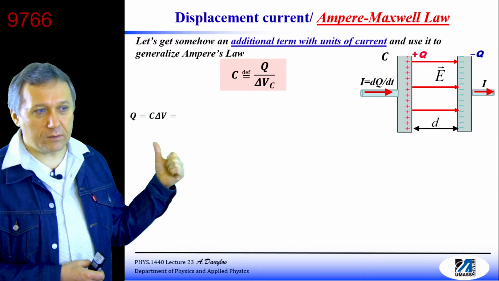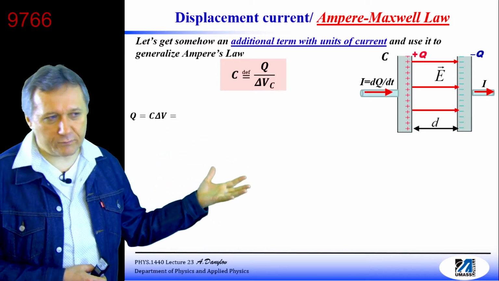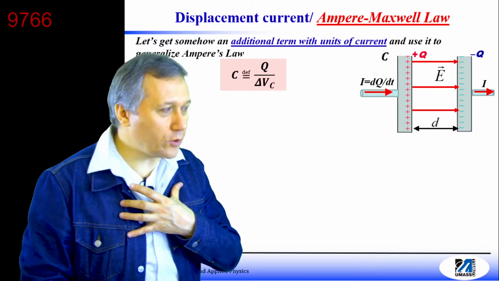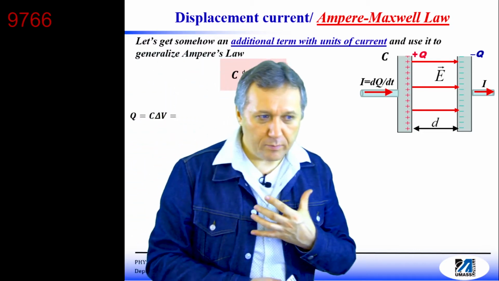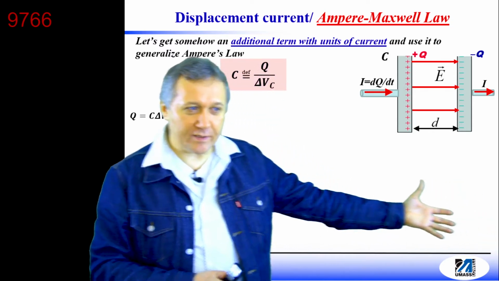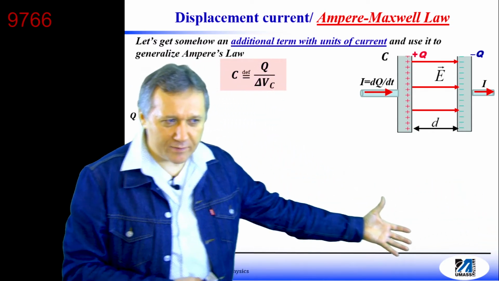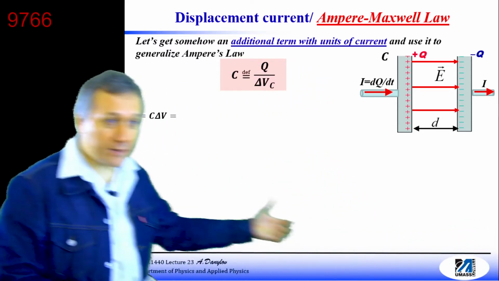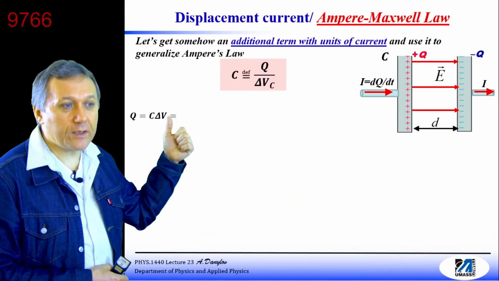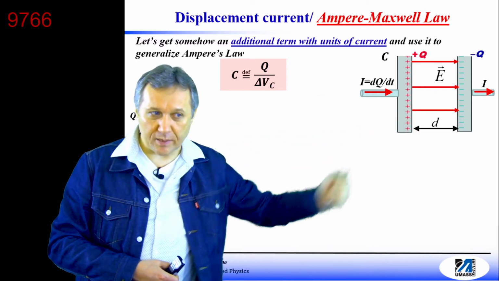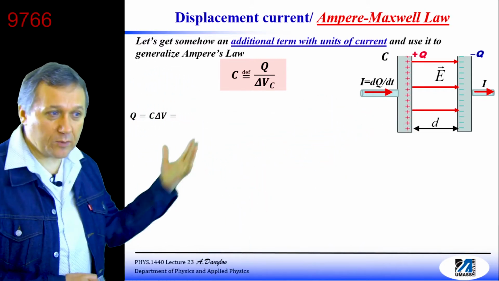And then delta V, electric potential, potential difference, voltage, again, it's ridiculously useful from the point of view of applications. But if you talk to hardcore physicists, they barely use delta V's. They usually use the electric field. Again, let's get rid of delta V and write it in terms of the electric field, this electric field between the plates of the capacitor. Okay, and that can be easily done.